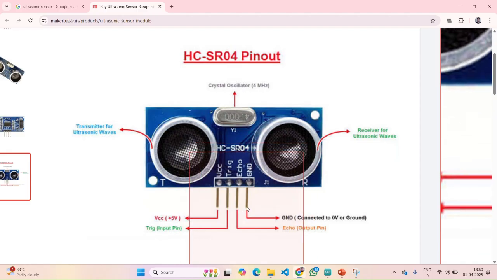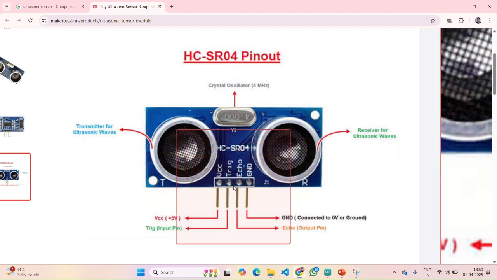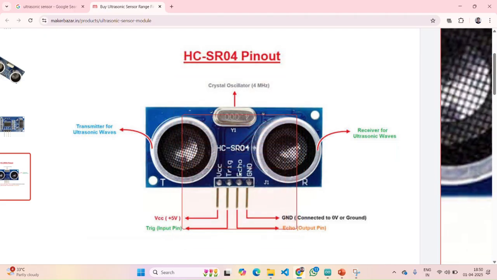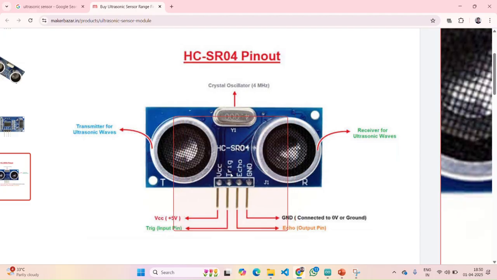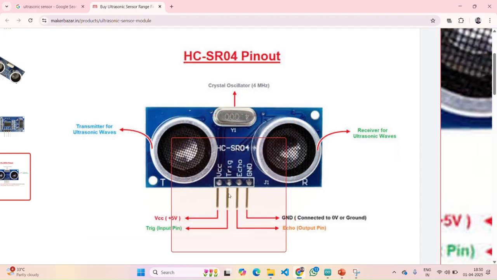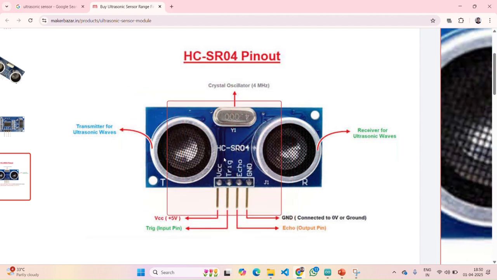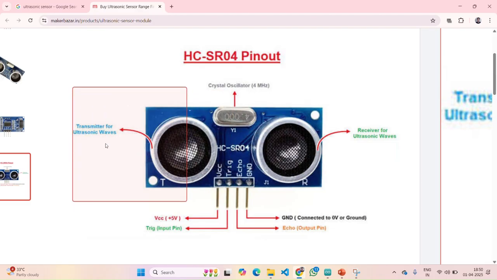Actually, here it is given in reverse order, but we are going to use trig as output and echo as input. As we are taking echo as input, you need to fluctuate the trig pin so that we can calculate the echo value. Based on that, we calculate the duration in our program. Then we are going to calculate distance.